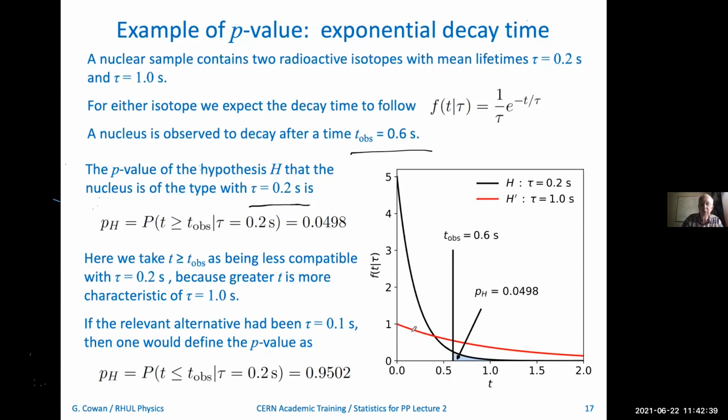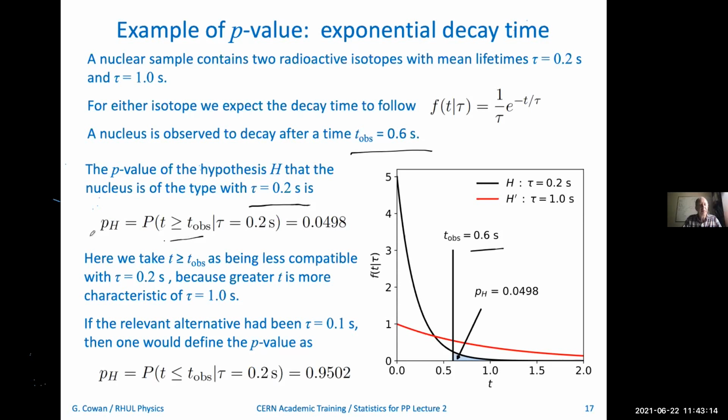Well, less compatible with 0.2, in the sense of more compatible with a longer decay time, would be the probability to find t greater than or equal to the observed time. Because the relevant alternative here has a longer lifetime, having t greater than the observed time corresponds to lesser compatibility with 0.2, hence greater compatibility with the relevant alternative. So that motivates which way I choose the inequality here for my p-value.